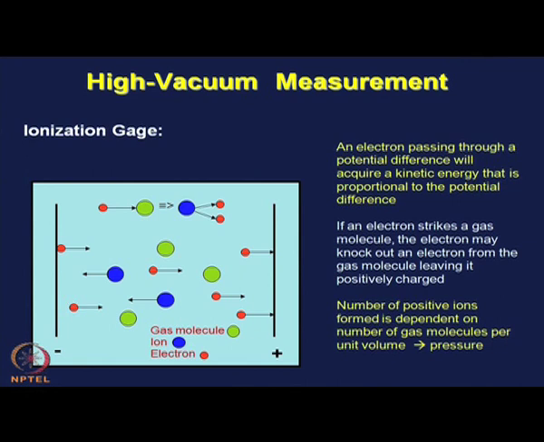Number of positively charged ions formed will depend on the number of gas molecules present in the enclosure, which is a measure of pressure. So, if I measure the current produced by these positively charged ions, this ion current can be taken as a measure of pressure. This is the principle on which the ionization gauge works.